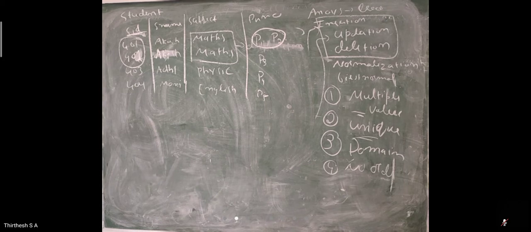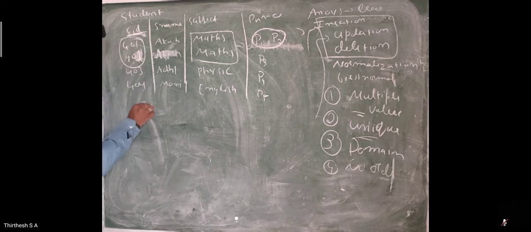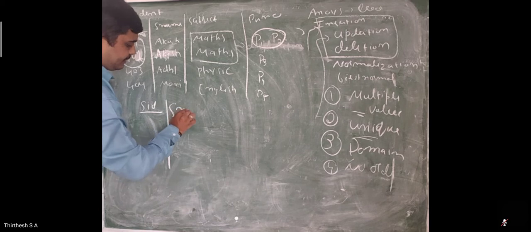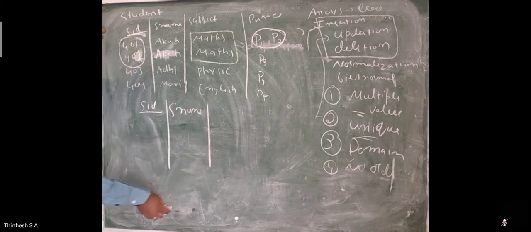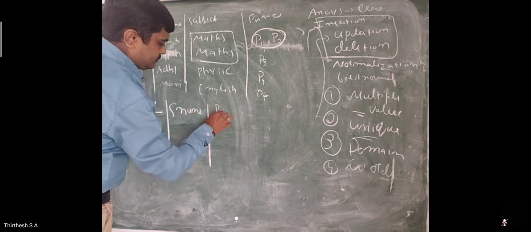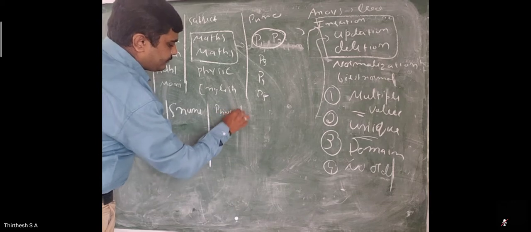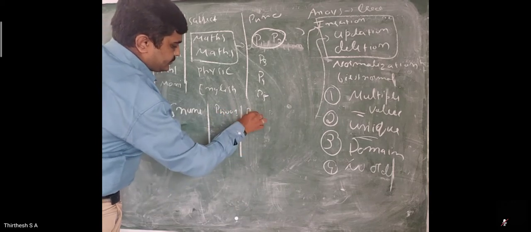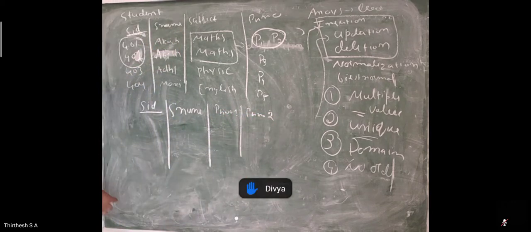So how can you reduce that? You can reduce this by creating different tables. How can you create different tables? For example, we write SID as the primary key, and SNAME and phone number, phone number 1 and phone number 2.